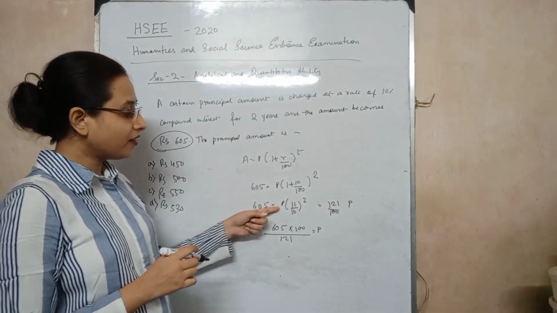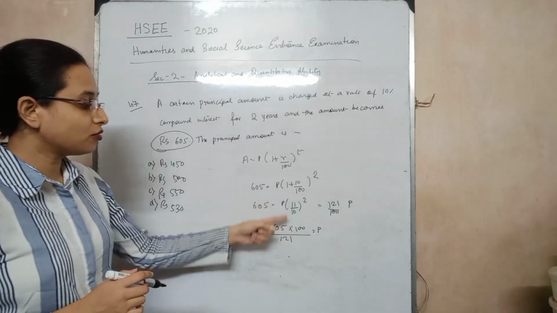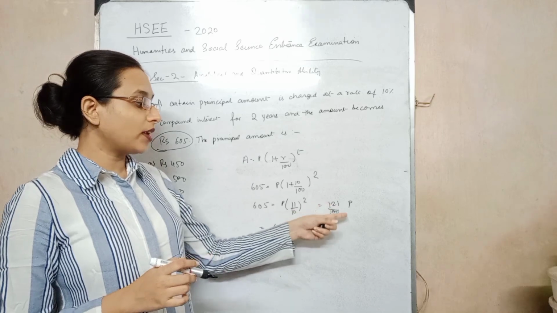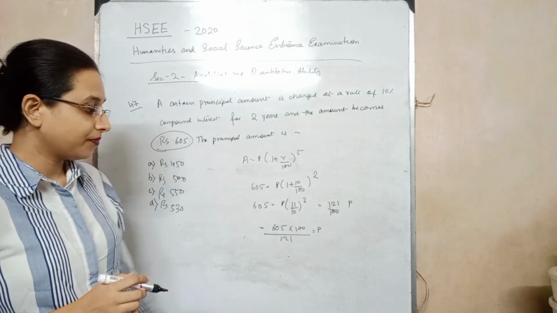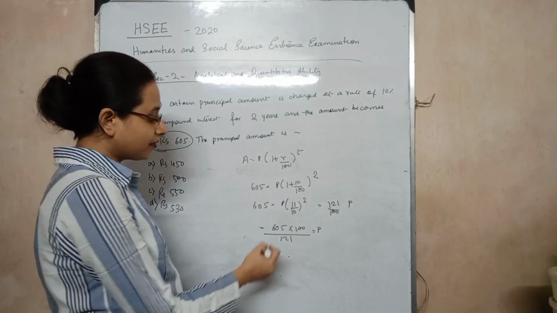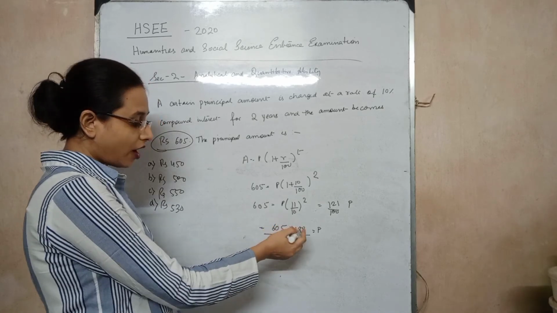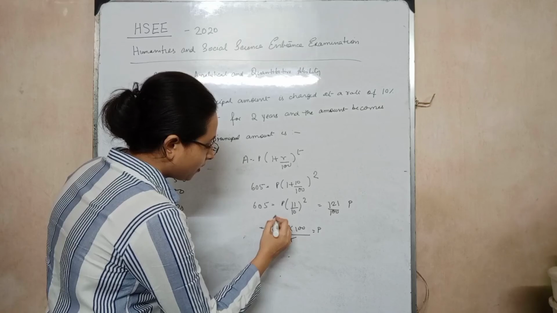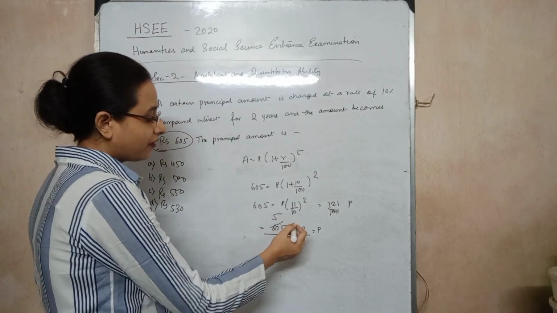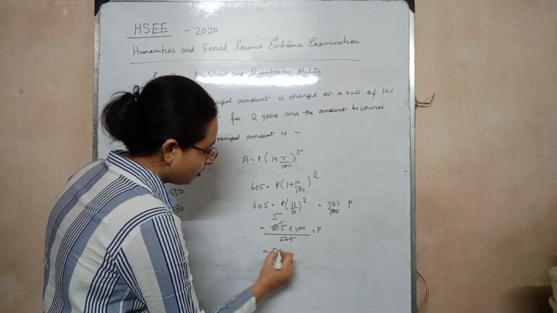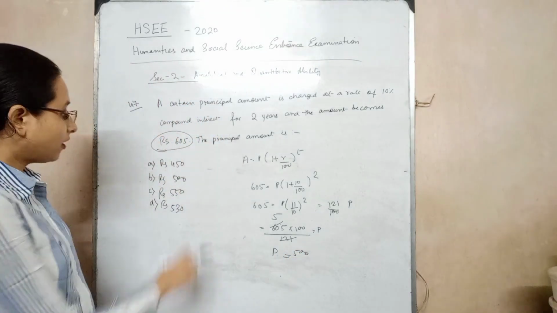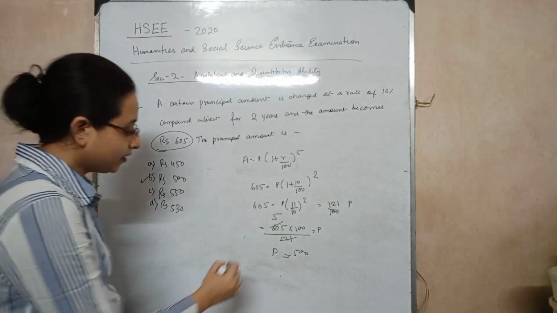So we get P into (11 by 10) to the power 2, which comes to 121 by 100 P. So solving this, we get 605 into 100 by 121 equals P. Now, 121 goes into 605 five times. So 5 into 100 equals P. So P equals 500. The correct option here is D, that is 500.